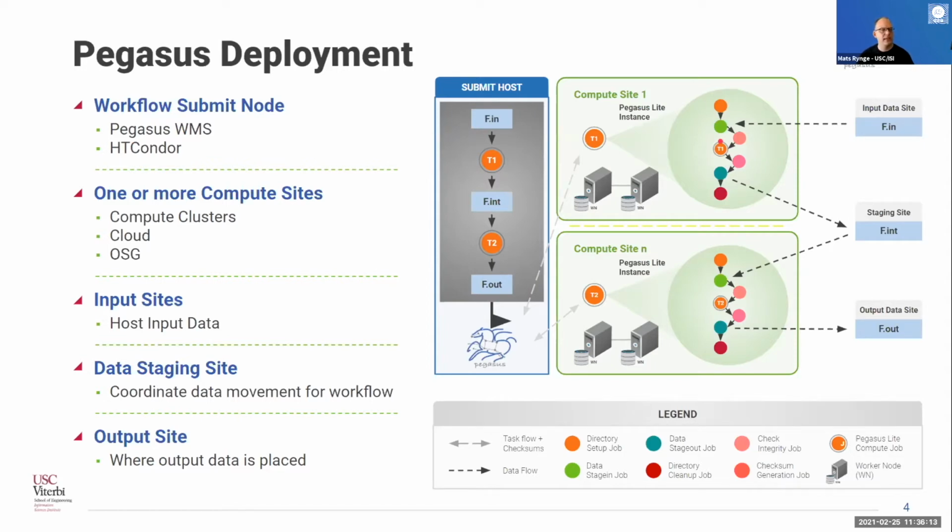It has to pull in the data it needs, do the computation, and then stage out the output data back into some kind of common central data location. So we have inputs going into the job, the job executes, outputs get staged out somewhere else, and that may be an input to another job, that job runs, and then outputs go out somewhere else. So keep this picture in mind as I go through the next couple of slides.